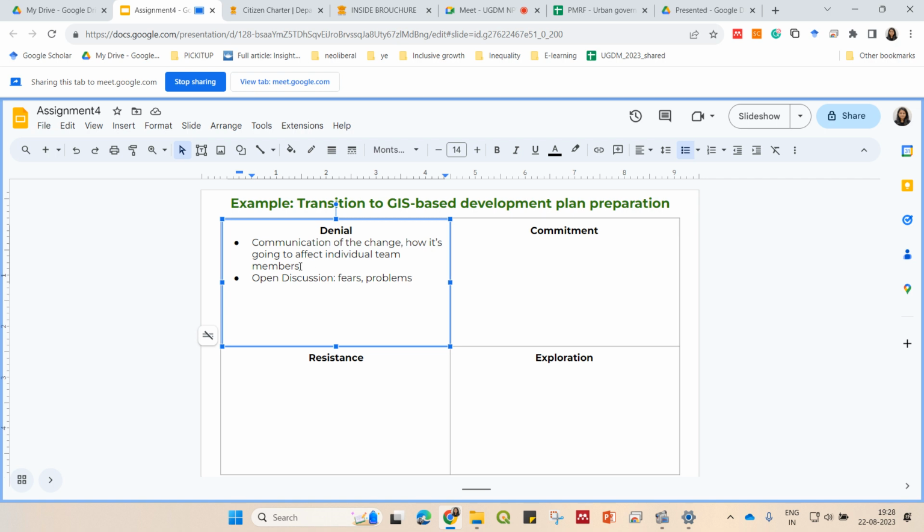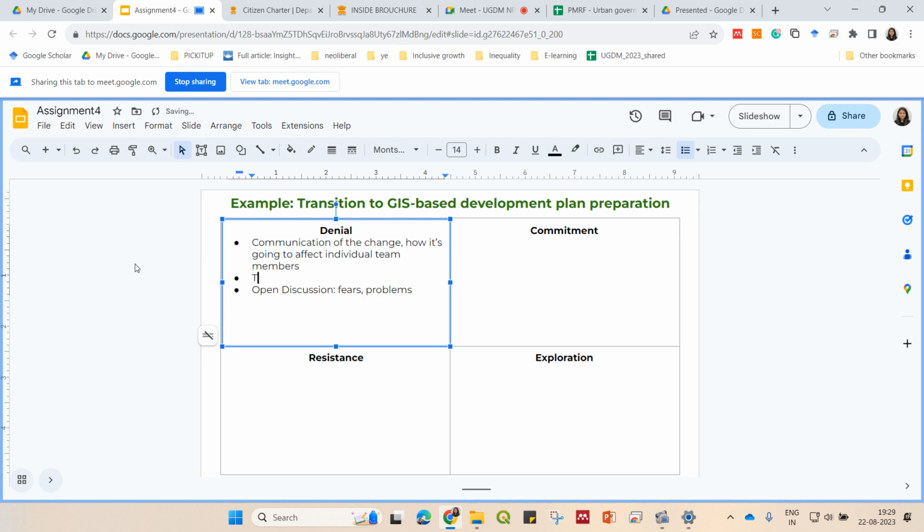Another thing which you can tell them, like I'm saying, this is a possibility that they might continue to follow their earlier ways of development of the plan. They might not want to adopt the new way. So in that case, you can tell them what will be the negative implications if they don't transition to the GIS based development plan.